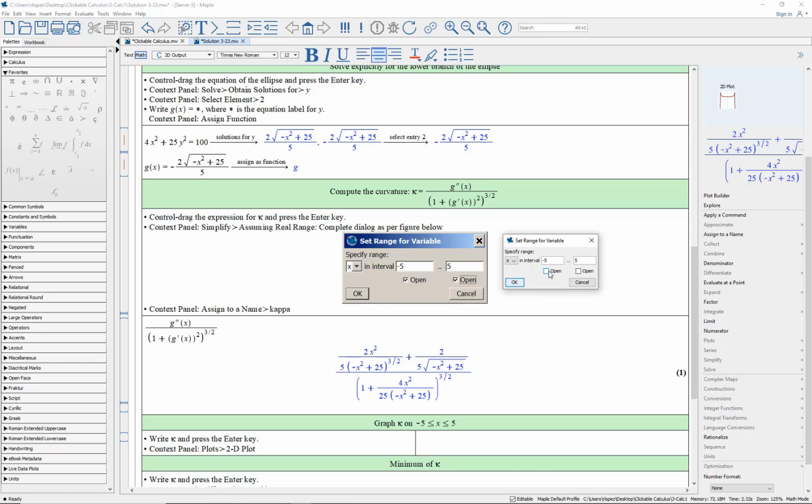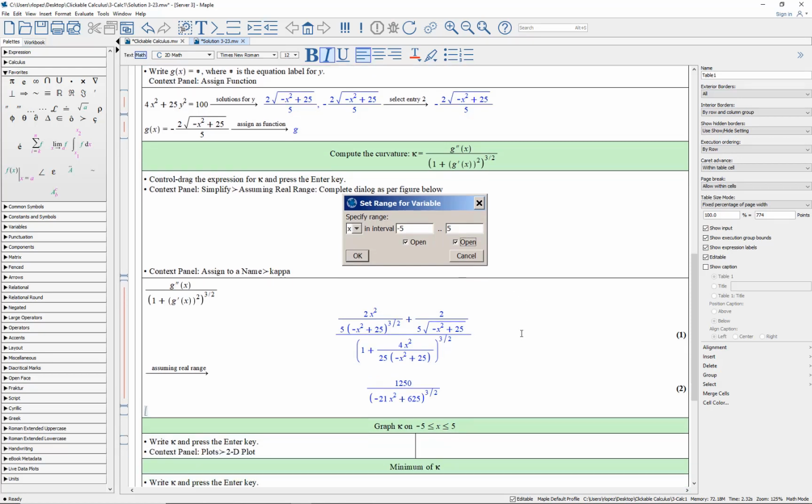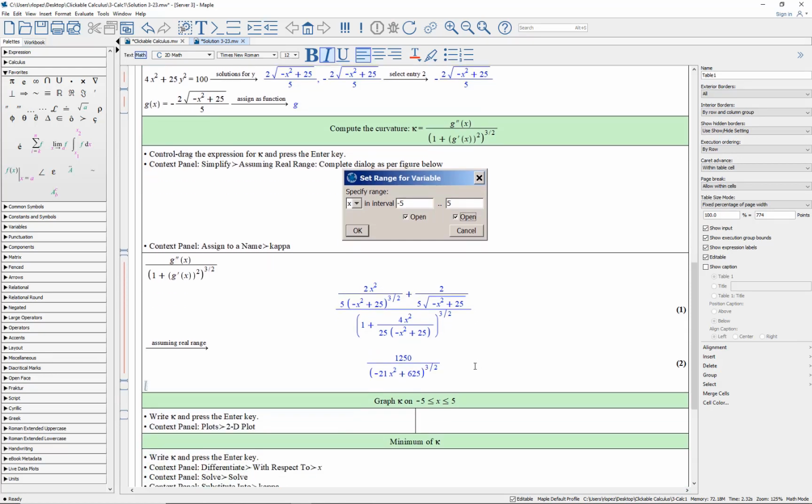But I want that interval to be open because I don't want x to equal either -5 or 5, because then I'm going to have zeros in denominators. And you can see here, this is a copy of this dialog. So this is a simplified form of the curvature. Remember the questions that I asked. Where is this maximum?